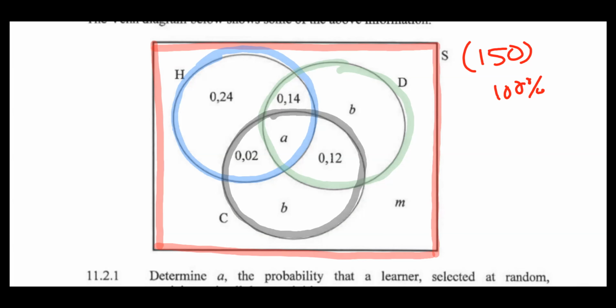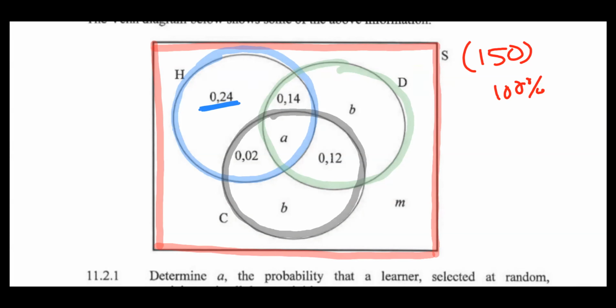Now, they say 0.24 of learners play hockey only. This 0.24 is the number of learners that play hockey only. It's not the total number of people that play hockey. It's only the people that only play hockey.